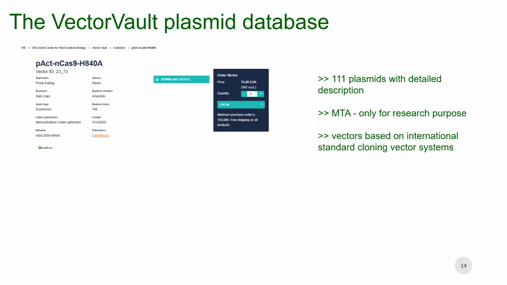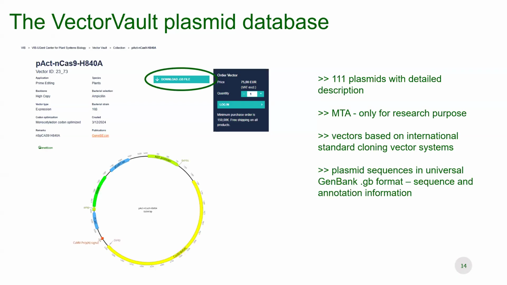All vectors that we used are based on international standard cloning systems, so they are compatible with most experiments. The plasmid sequences are also added in a universal GenBank format. Both the sequence and annotation information are downloadable. And we have included vectors for non-homologous end joining, for base editing, prime editing, and homology-directed repair.